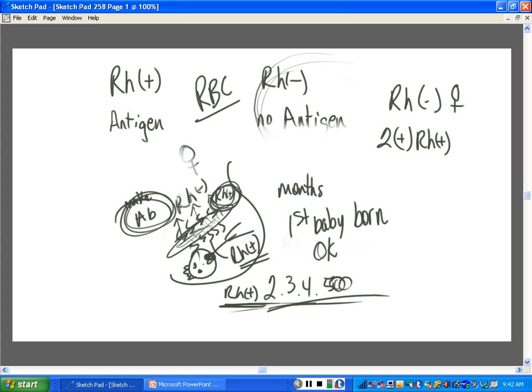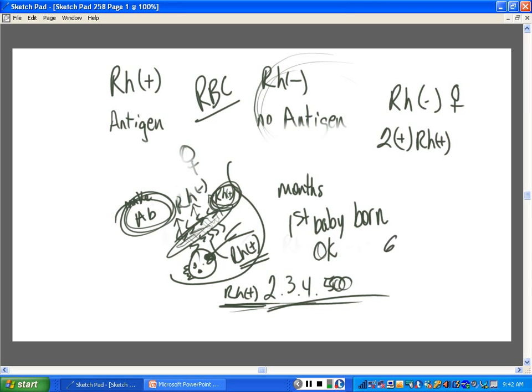So what does it do? Well, it clumps the baby's blood. The red blood cells clump together, just like we said. That causes more of them to be destroyed. And when you're destroying more cells, what does the body do to compensate? It produces more. So you have two things going on, excessive destruction and production of red blood cells in the baby. So they call this disease two things.